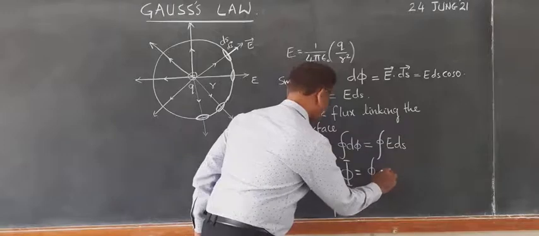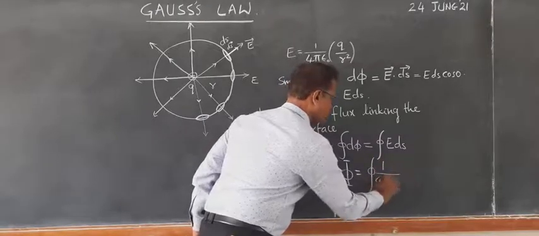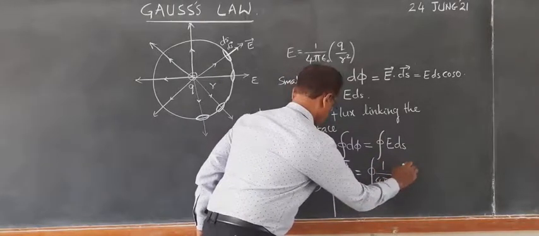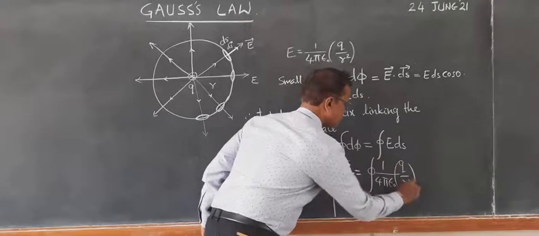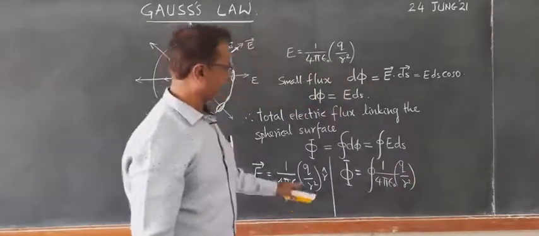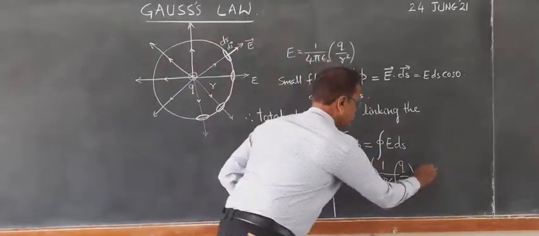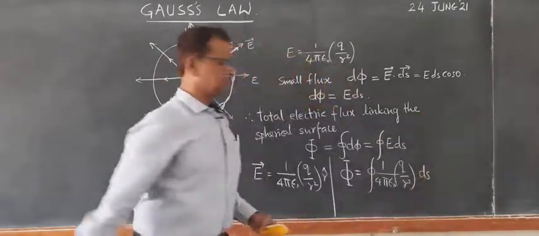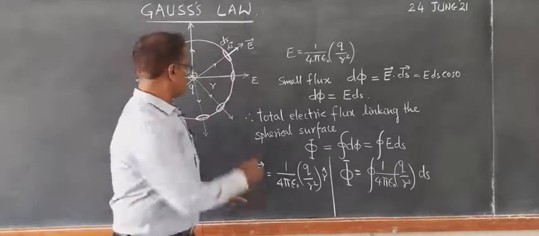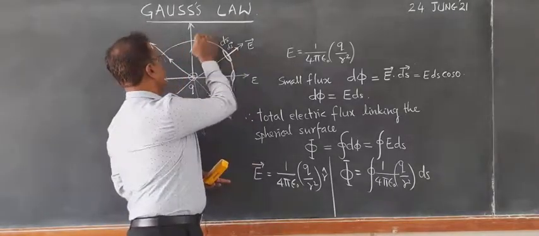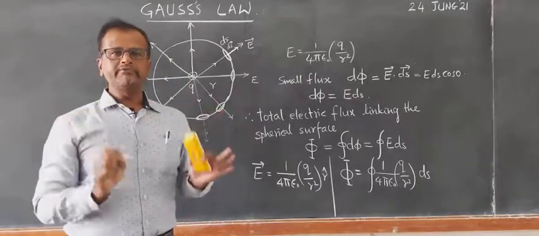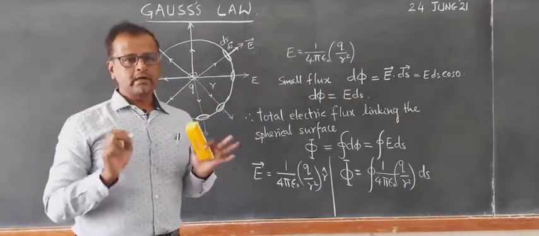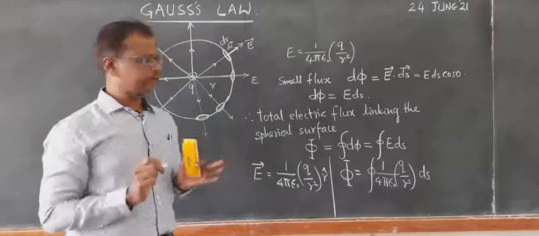the surface integral of 1 by 4 pi epsilon naught q by r square, only magnitude, into ds. As I said, at every point on such small elementary areas, the electric field is constant, having the same value.